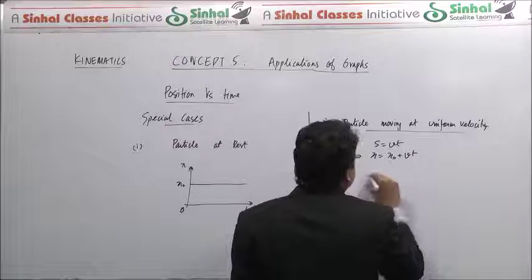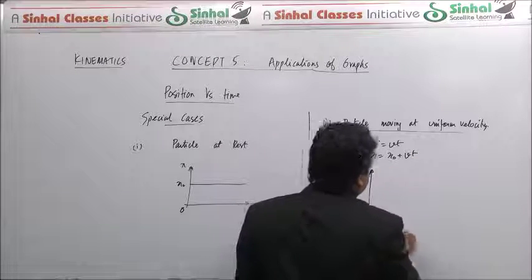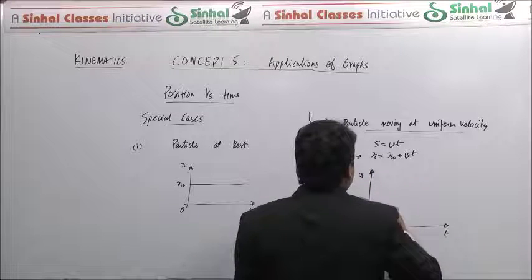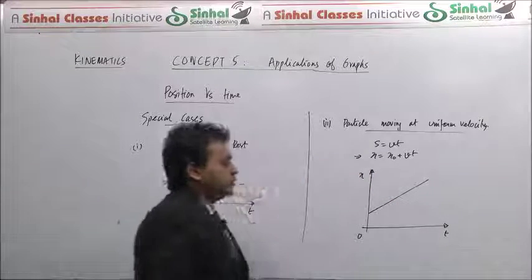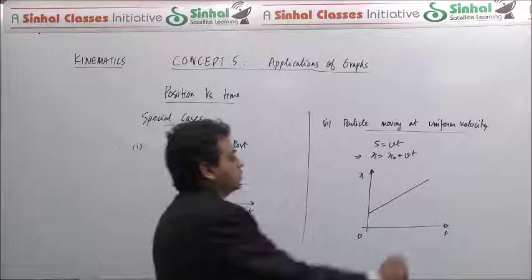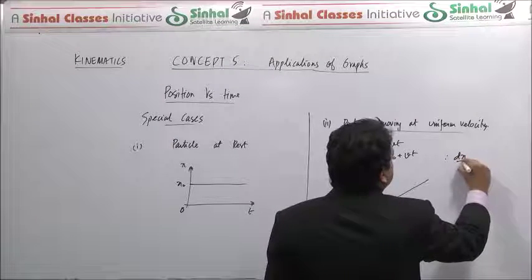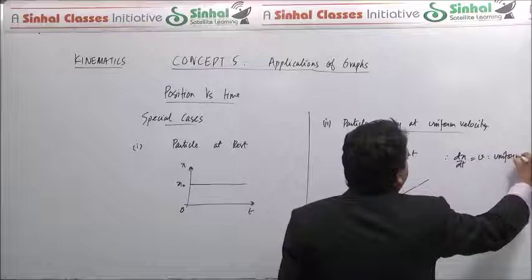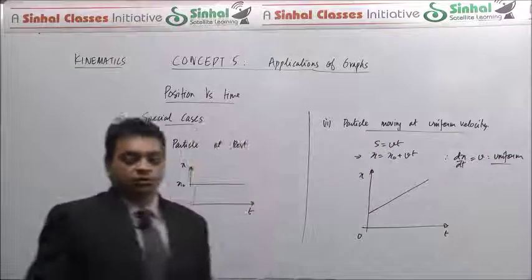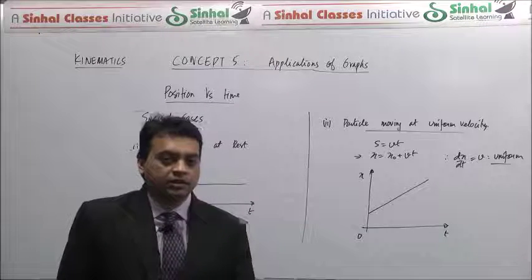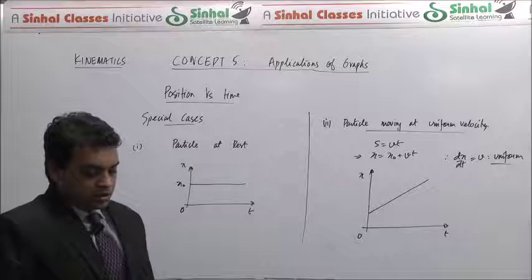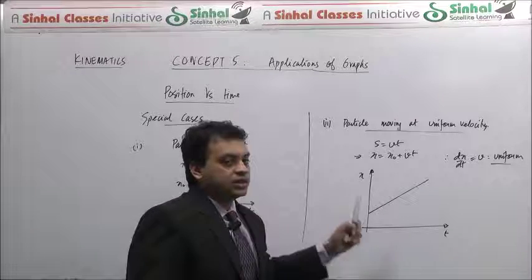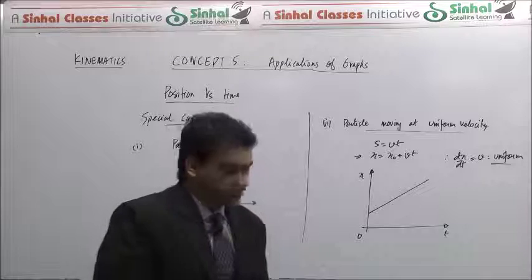That would be a straight line graph, because this would mean that dx by dt, which is v, is uniform. So that means it's a graph whose slope is uniform. In other words, it's a straight line graph. That is how a particle moving with uniform velocity would be represented, and the slope of this line would represent the uniform velocity itself.